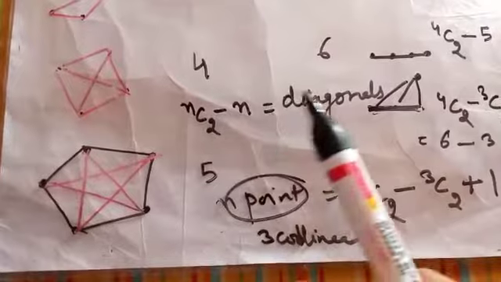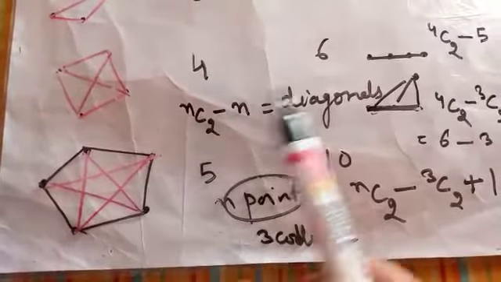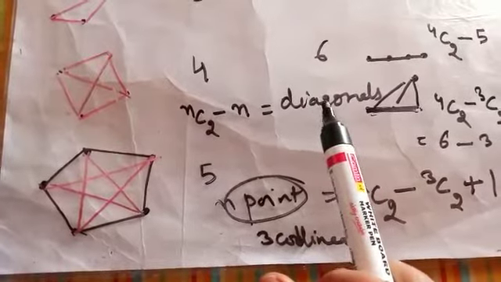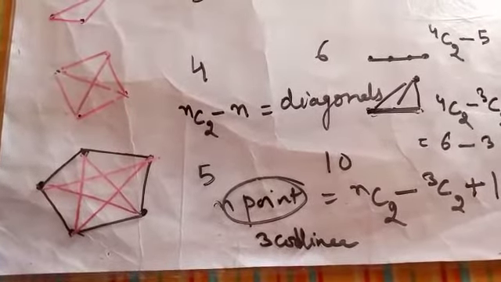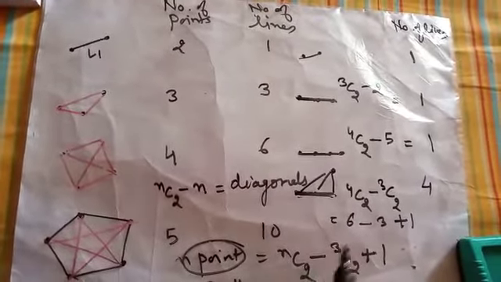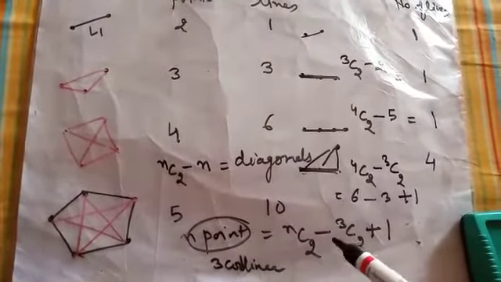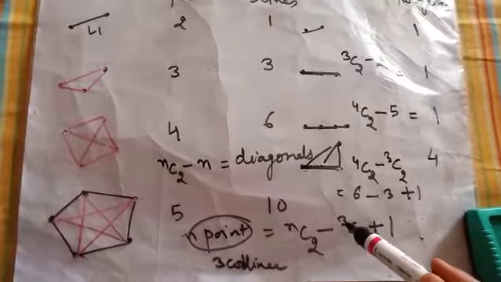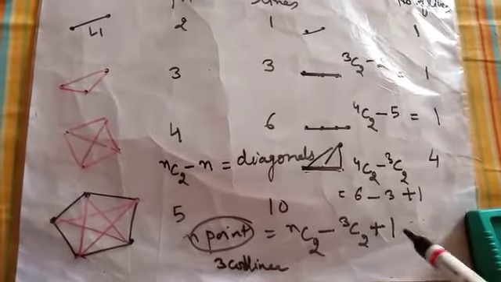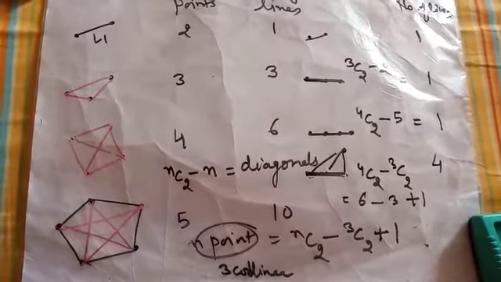If the number of diagonals is 5, then it is a pentagon. So we can find out using the number of diagonals what the shape is. This is how you have to understand the concept of number of lines. I hope it is clear to all of you that the number of lines is equal to nC2 minus the number of points which are collinear, plus 1 is added because the collinear points all together make one single line.